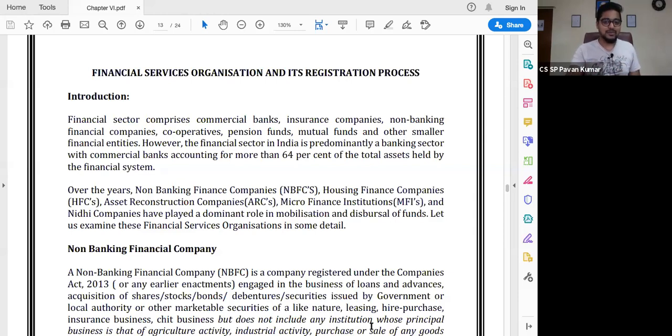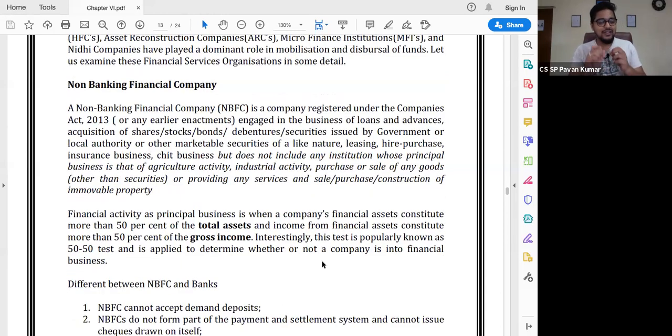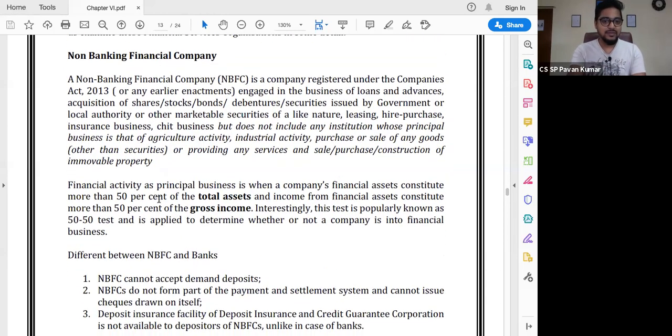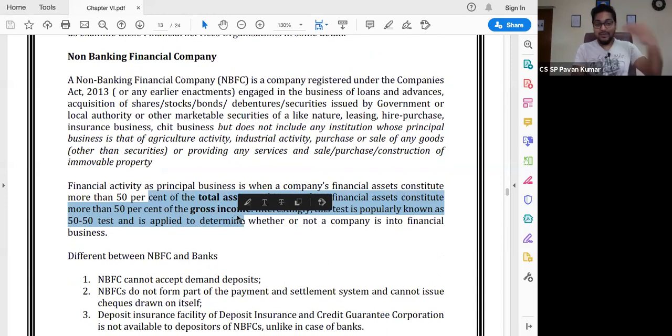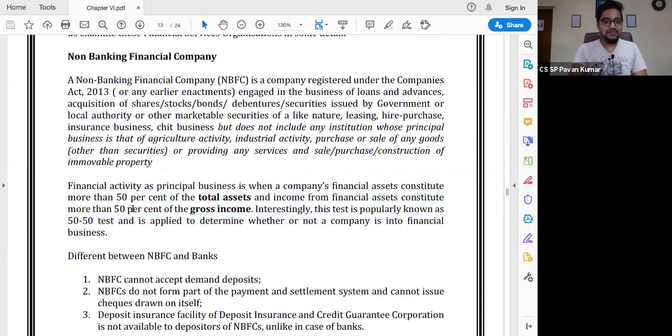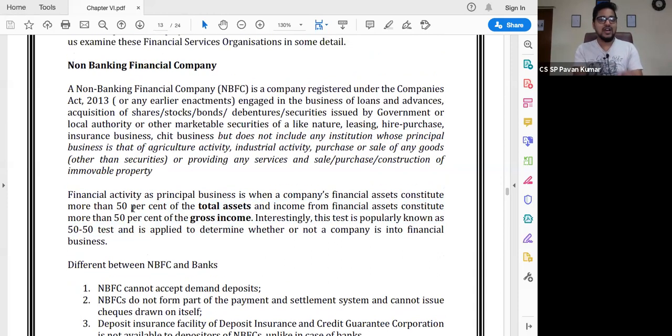So NBFC companies. The NBFC company is defined here, and what is that 50-50 test and all these things, sometime back I was telling you. So all these things we will be seeing here. A non-banking financial company is a company that is registered under the Companies Act, and which applies to RBI for a specified license.